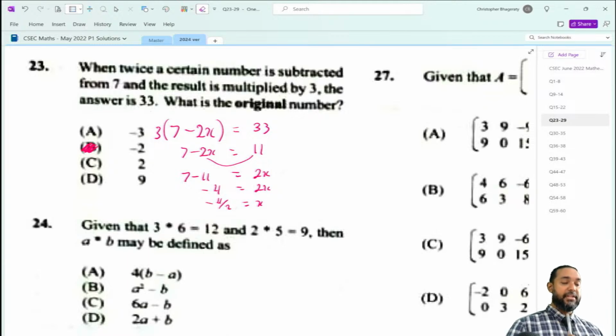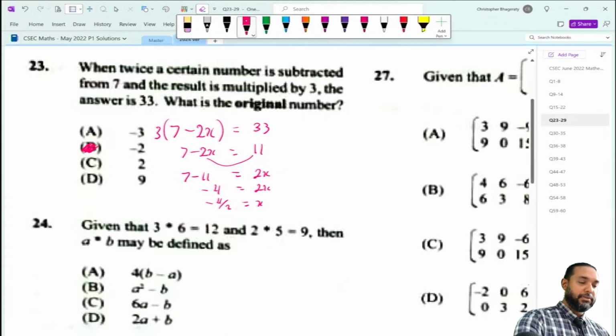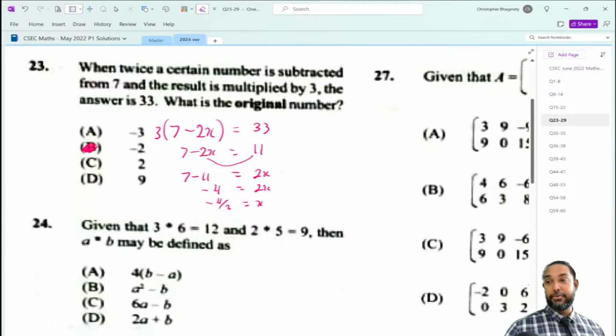But it says when twice a certain number is subtracted from 7, so you're subtracting the 2x from 7. So minus 2, because when twice a certain number is subtracted from 7 and then they multiply by 3, you get 33. So it's 7 minus 2x, not 2x minus 7.